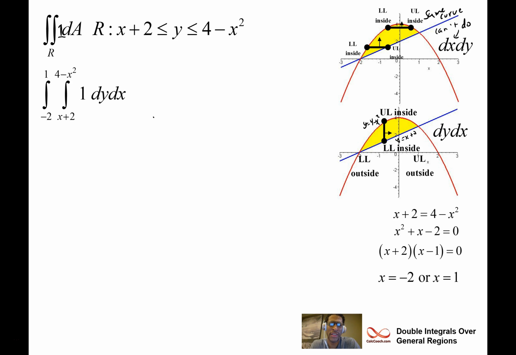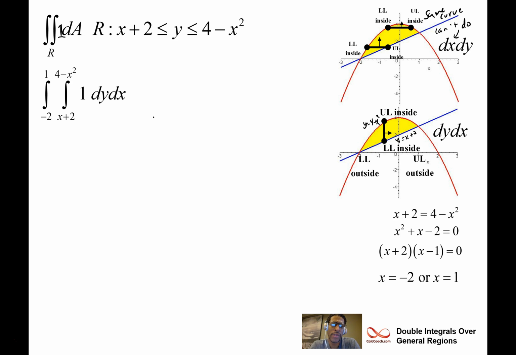Now we'll perform the integration and be able to get the volume. Think about it as like a cylinder. This is the base, and we have the surface is z equals 1. So think of this as a cylinder with a height of 1. We're finding the volume of a cylinder by doing the area of the base times the height.